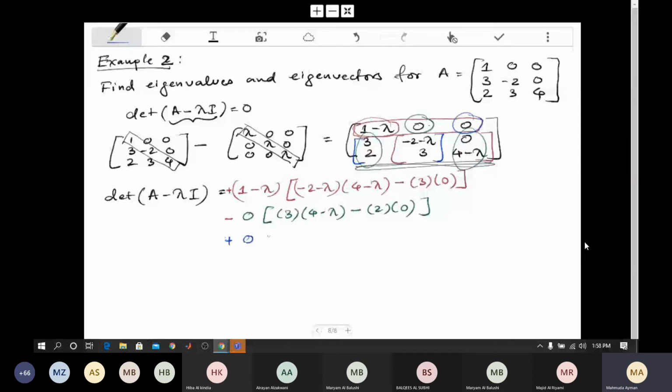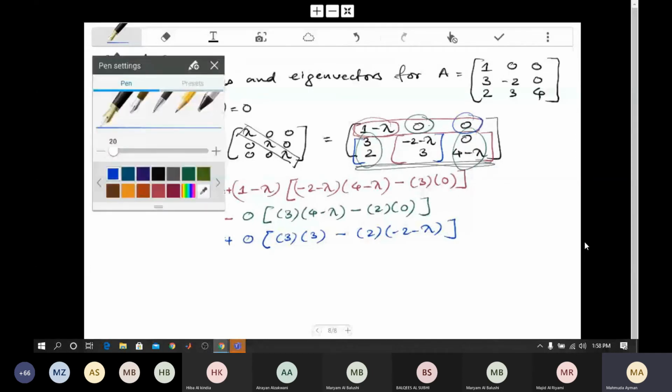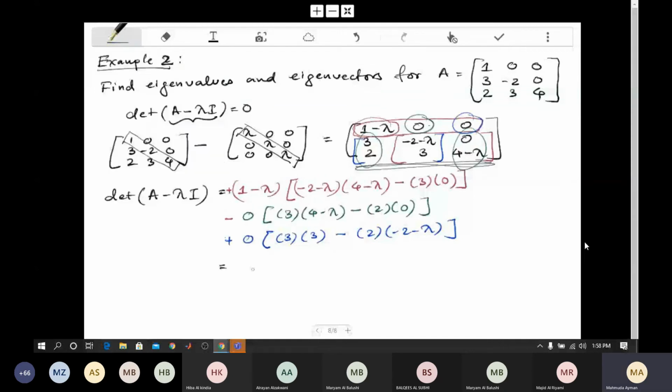So here we have again 0 times, now we have here 3 times 3 minus 2 times minus 2 minus lambda. Okay, now we have here 1 minus lambda to be multiplied by minus 2 minus lambda and 4 minus lambda.